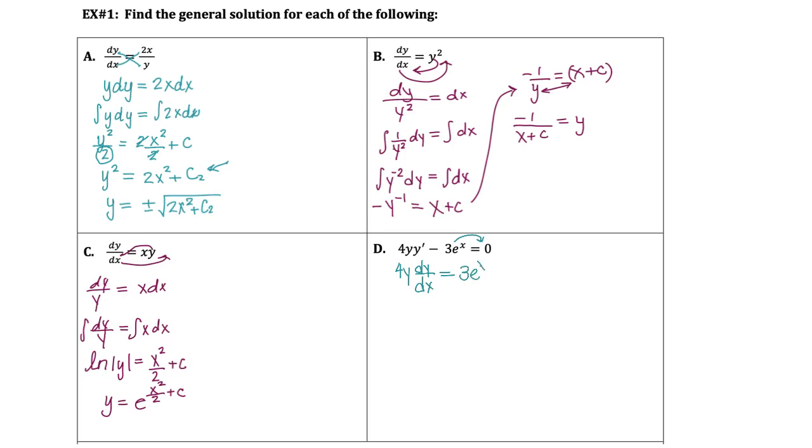So we have 3e to the x. Now I'm going to multiply that dx over. So I have 4y dy equals 3e to the x dx. Now we're going to integrate both sides.